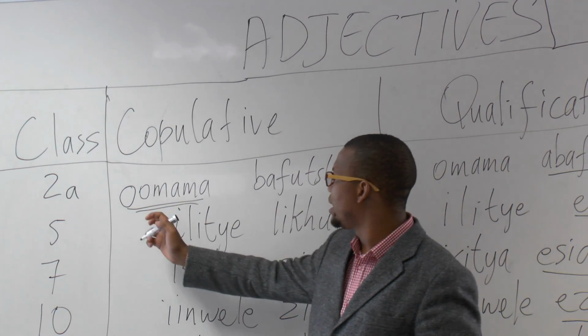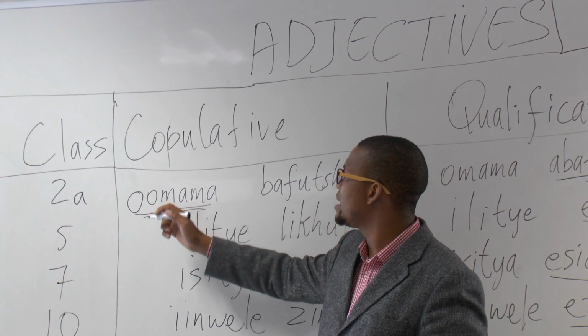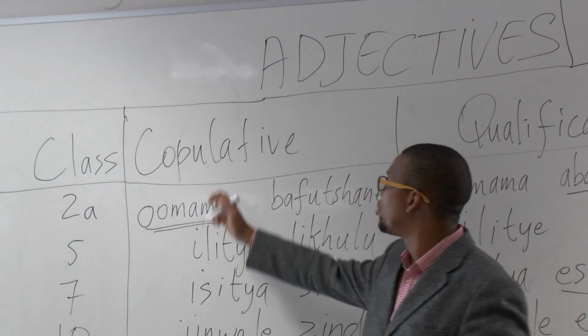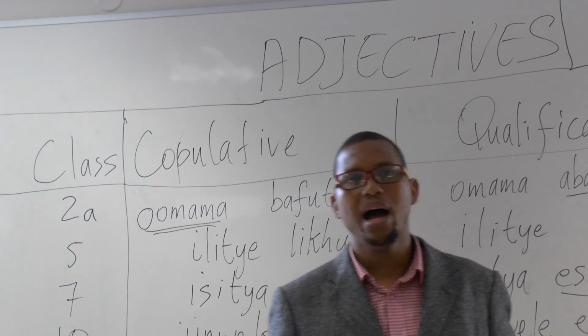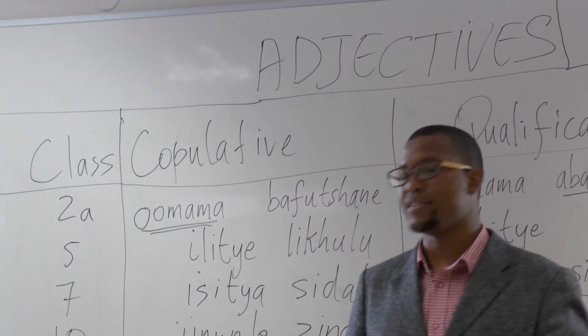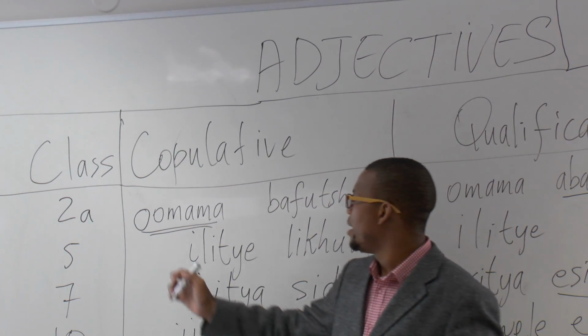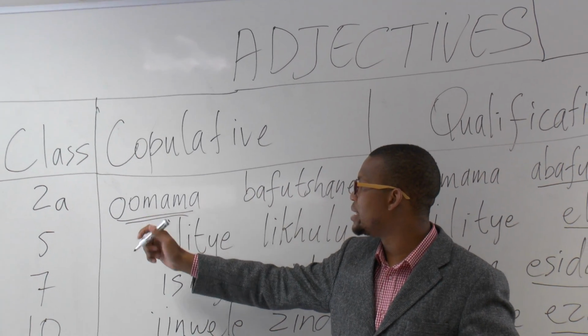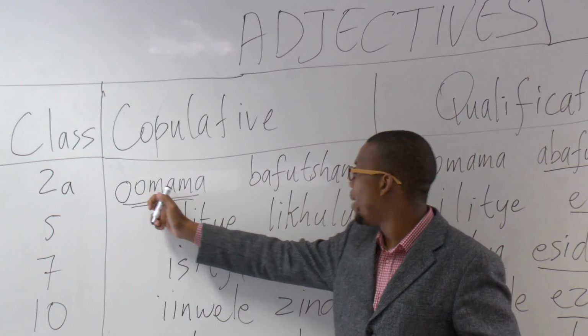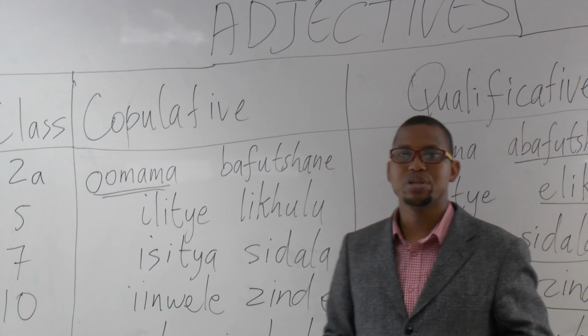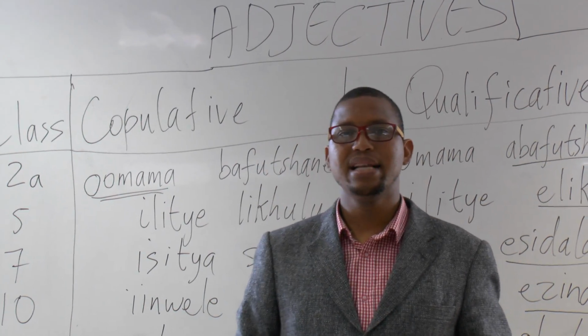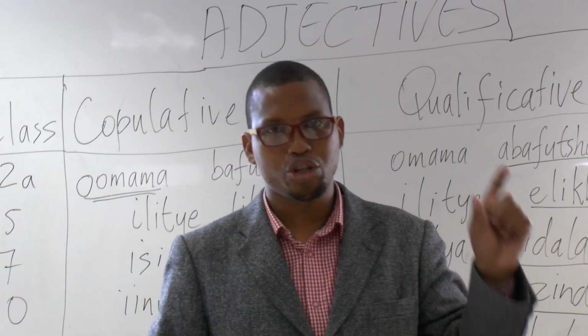In the case of class 2A, when this is used together with an adjective to mean is or are, that is the copulatives, if you take a look at this, it's oh mama ba fuchane. The mothers are short.